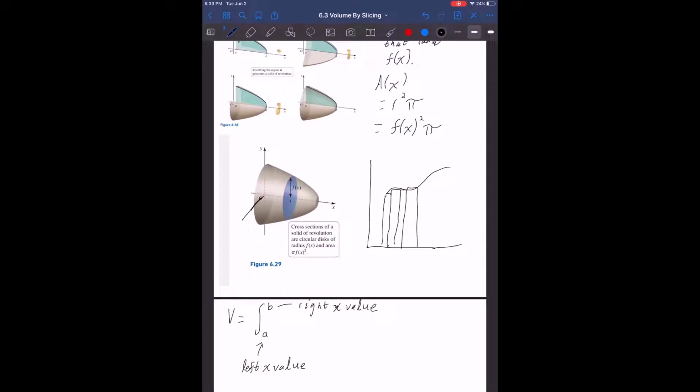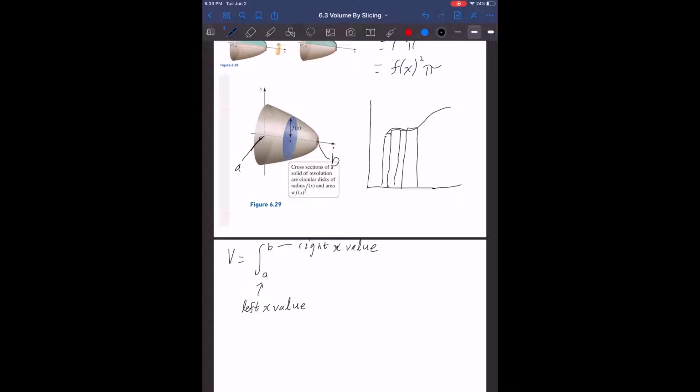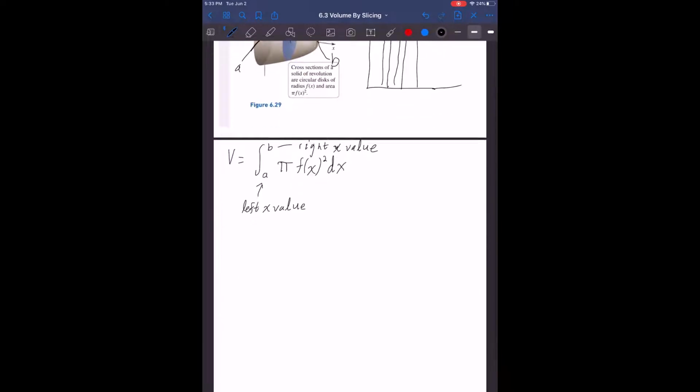So in figure 6.9, this is going to be my a, which is going to be 0, and my b will be right here, which is not given to us. So right x value and left x value, and all we're going to do is take all of these different areas and integrate over them. So pi f of x squared dx.